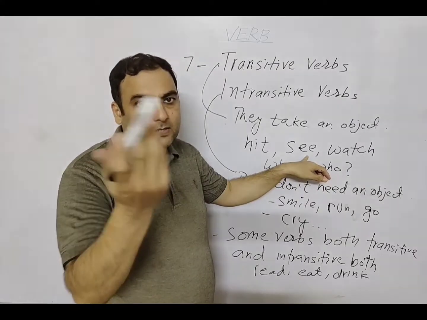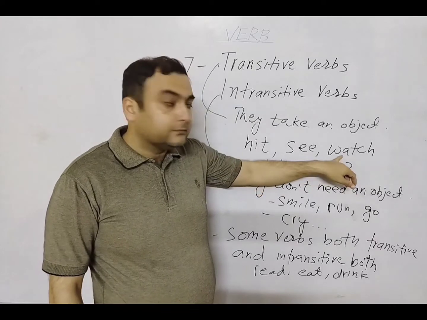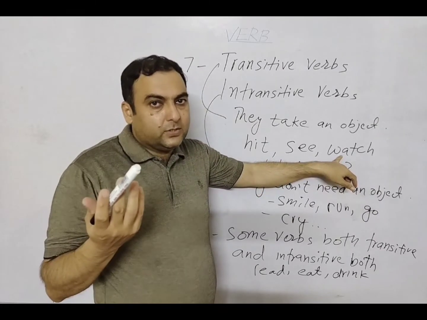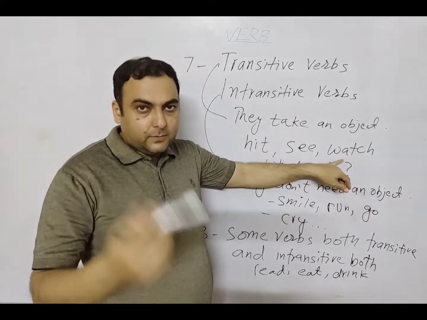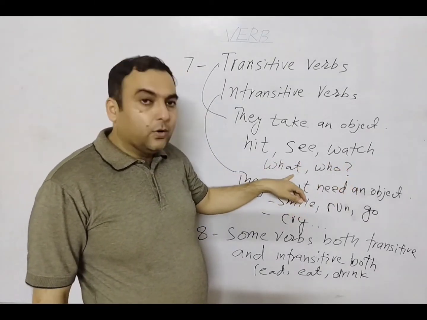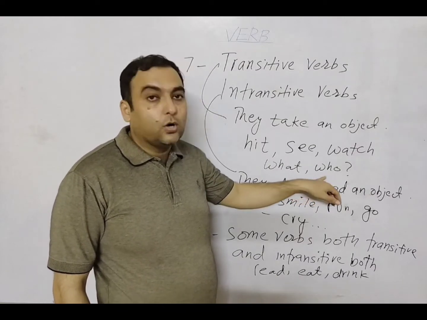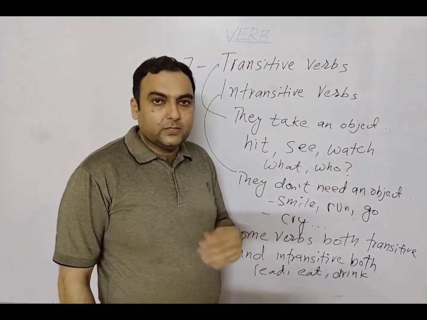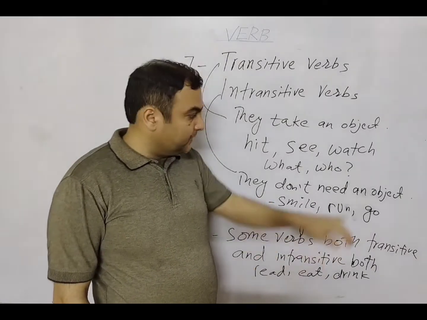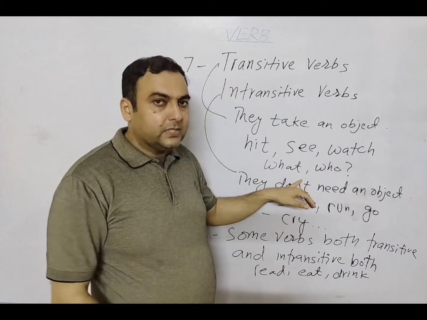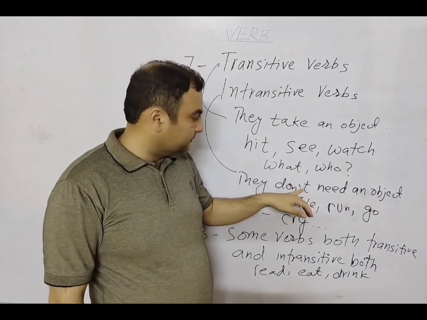I say yesterday I saw your brother, for example. If I say I watched and I stop, you'll say what did you watch? So I say, for example, I watched a movie. So in order to know the object in a sentence, you must ask the question what or who. So what did you hit? Who did you see, for example? So these two questions will give you a clue about an object in a sentence.